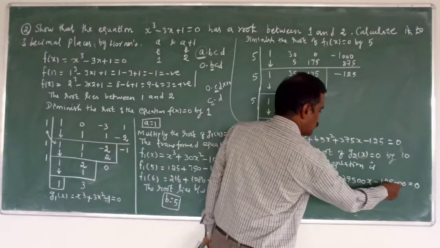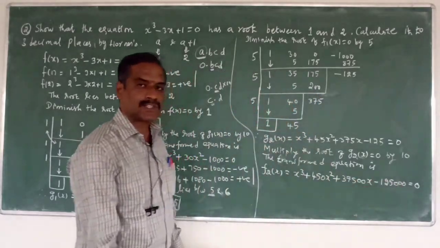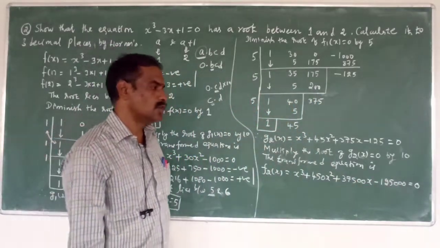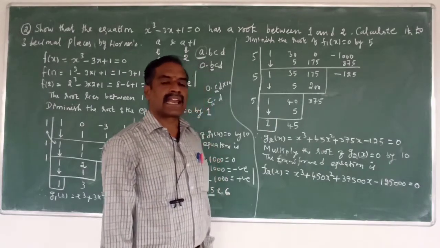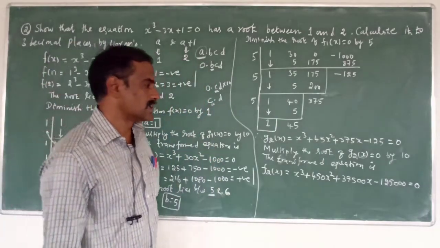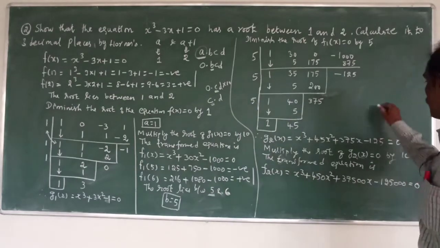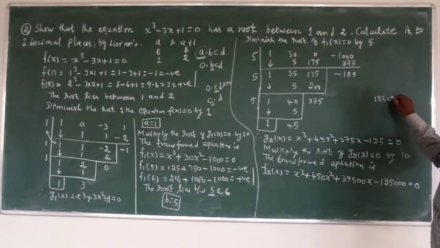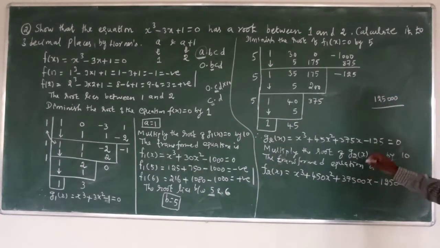Here the constant value is available as well as the x value available. So we can use the trial division method. Trial division method means 125,000 divided by 37500.